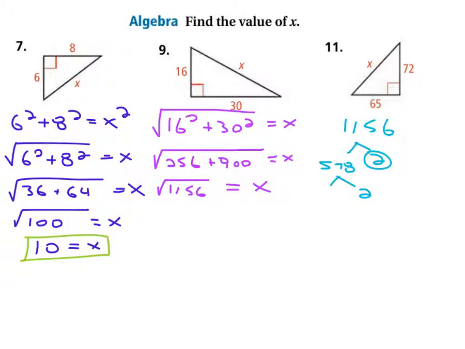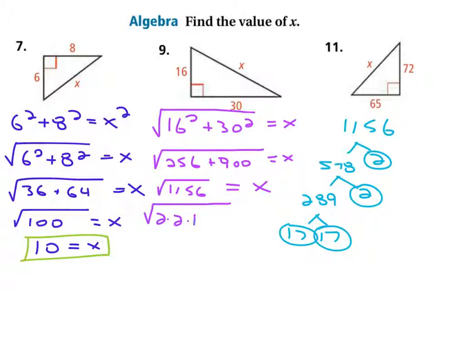And if I break that down, that's even, so I can do 2 times half of that, 289. Oh, that's interesting, because 289, if I'm not mistaken, is 17 times 17. Yeah, 289. So that breaks down into 17 times 17, both prime. So then that means that it's the square root of 2 times 2 times 17 times 17.